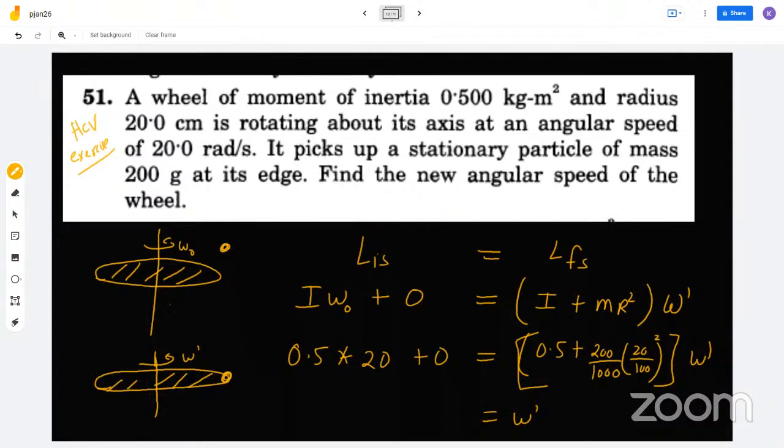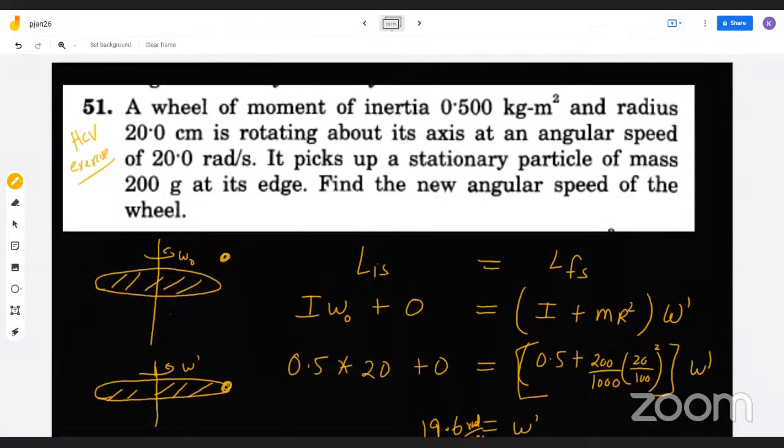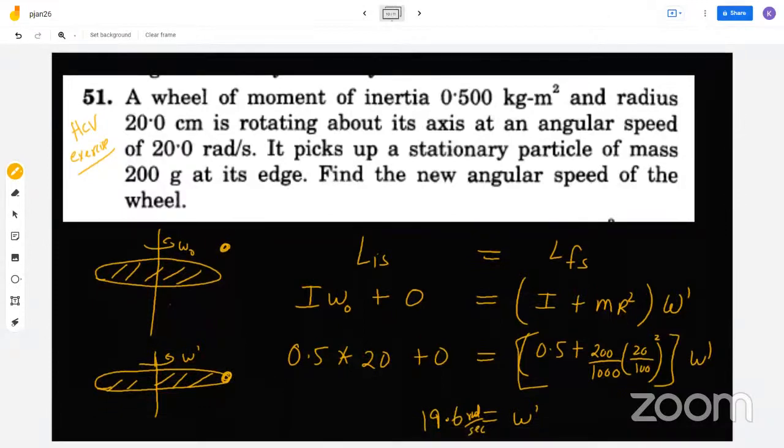So 19.68. 19 point how much, Arav? 19.6 radians per second. Answer matching now, this one, HCV 51. Anya, answer is matching. Aditya, Ansh.